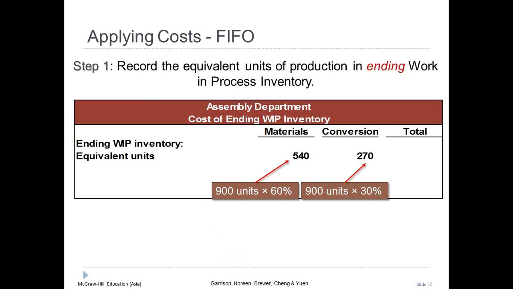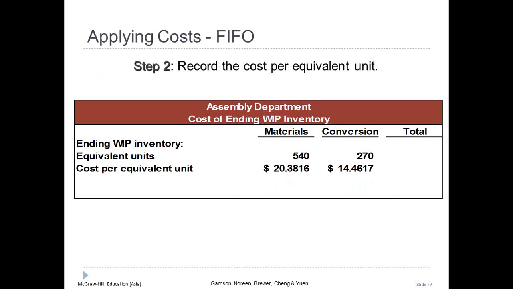Let's compute the cost of ending work in process inventory. The first step is to record the equivalent units of production in ending work in process inventory, which is 540 units for materials and 270 units for conversion. The second step is to record the cost per equivalent unit, which is 20.38 for materials and 14.46 for conversion.